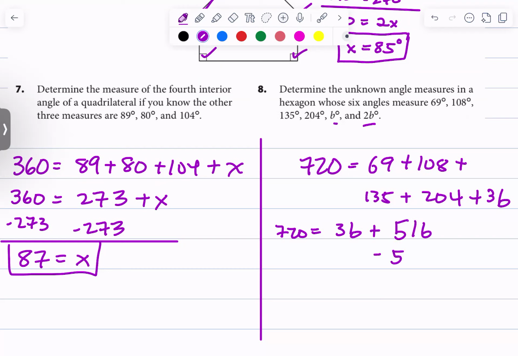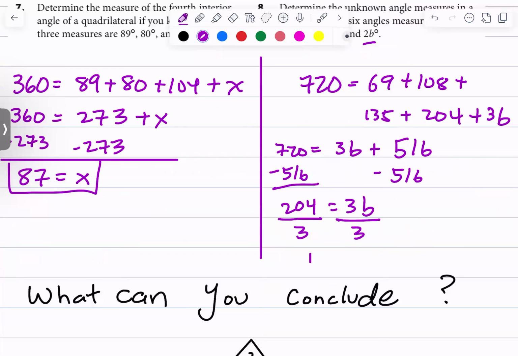So subtract 516. 204 equals 3b, divided by 3 on both sides. So then b can be equal to 68.